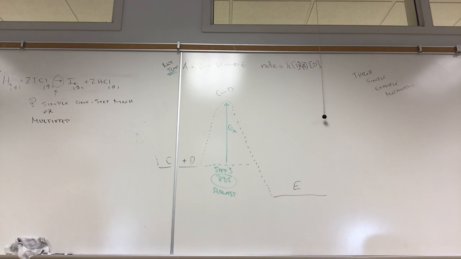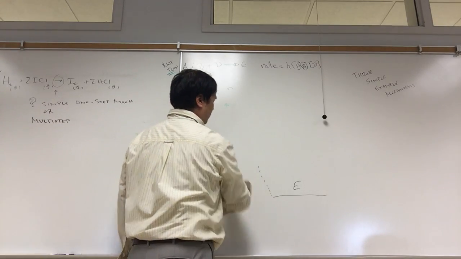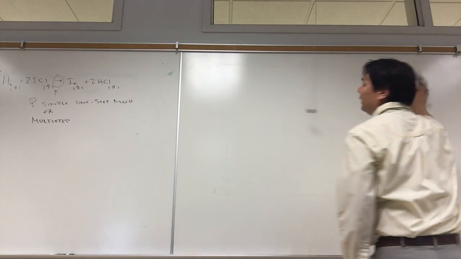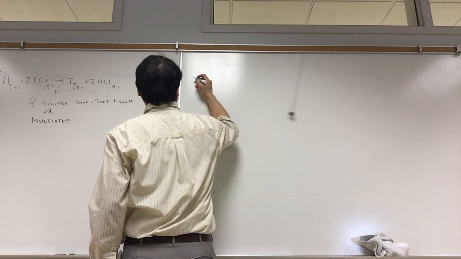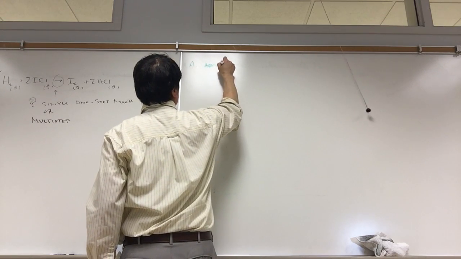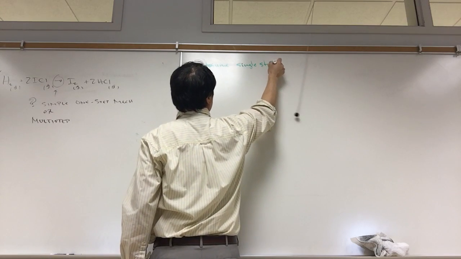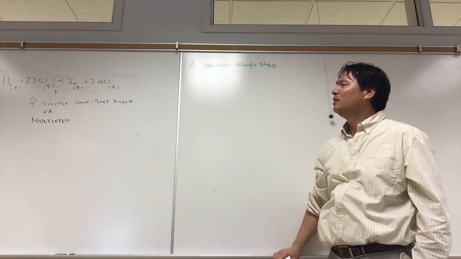If we assume that this is a simple 1-step mechanism, then the rate law is simple. So first, let's assume it happens in a single step. This would be called an elementary process or a simple step.